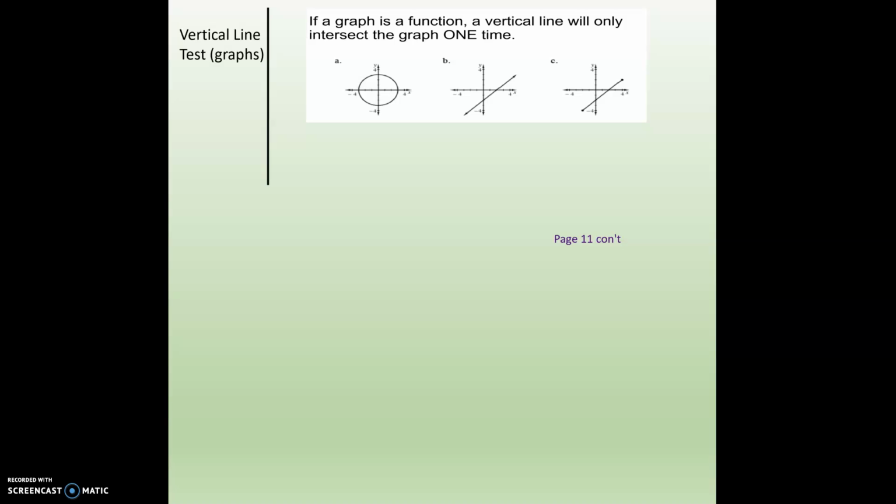And now there is another way to determine if something's a function, and that's by looking at the graph. This is my favorite out of all the ways because it is the fastest, the least amount of work. So if you think about it, looking at a graph, if you have a repeating x, that means you're going to have points on top of each other.